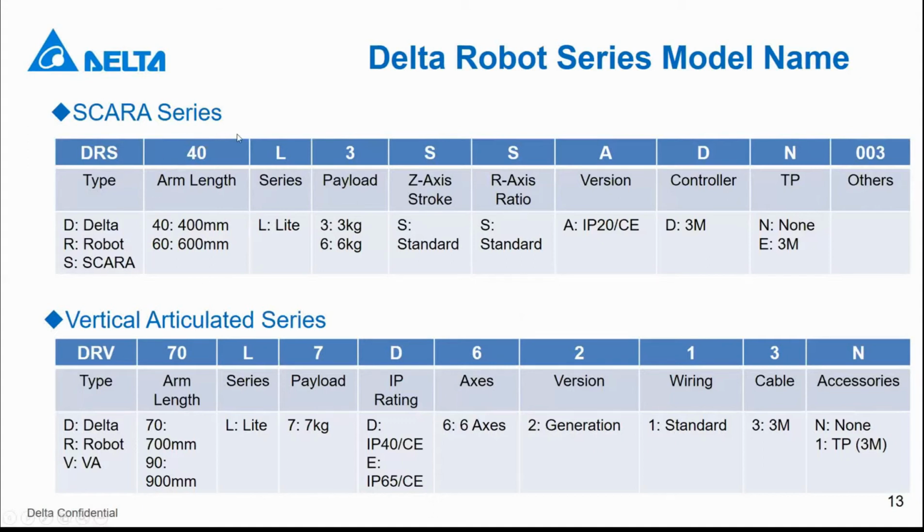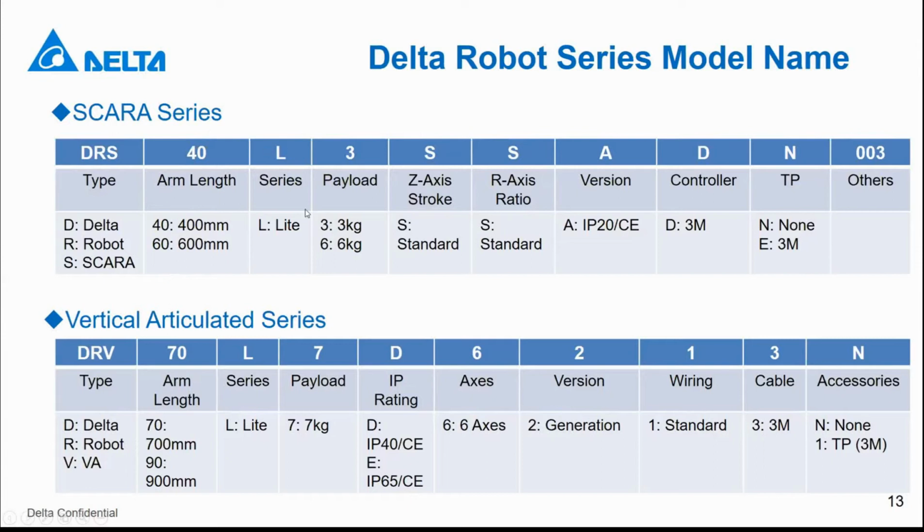And then the next is the number 40. That means arm length, so you need to choose arm length with this number. For now we have 40 meaning 400 millimeter, 60 meaning 600 millimeter. But this year we start to have also 50 and 70, meaning 500 and 700 millimeter arm length.